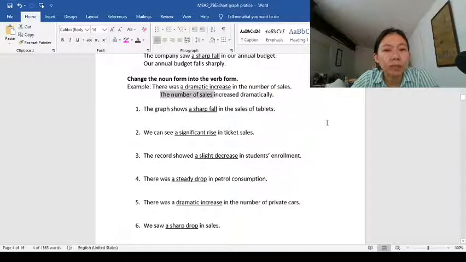So you have the subject of the sentence now, and then you can change increase from noun into verb. You put increase here in the past tense because the thing has already happened. And then you change the adjective dramatic into dramatically. So we have the form subject, verb, and adverb: the number of sales increased dramatically.